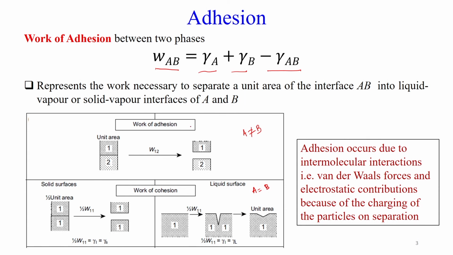As I discussed, if it is between the same media, it is called cohesion. If it is between different media, it is called adhesion. Both occur because of the various intermolecular interactions we discussed in the first module. It may be van der Waals force or electrostatic interactions.